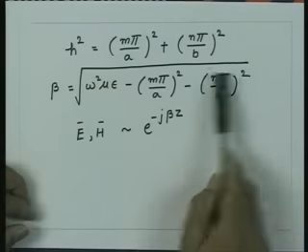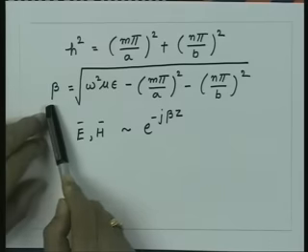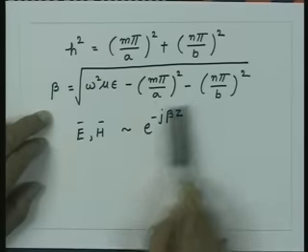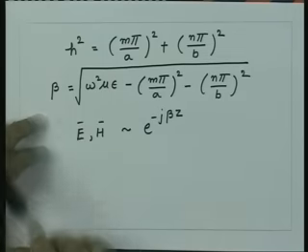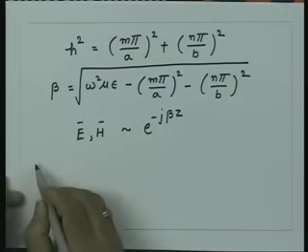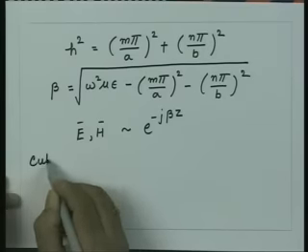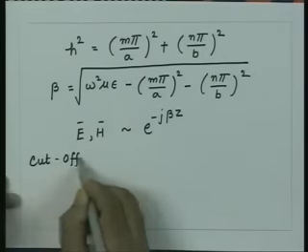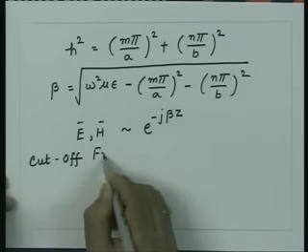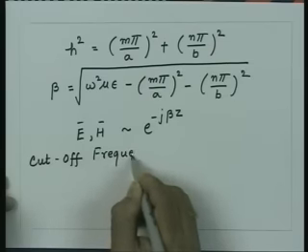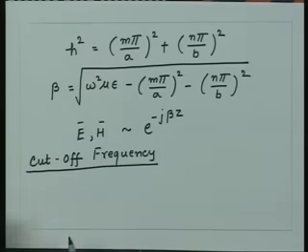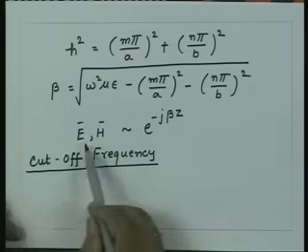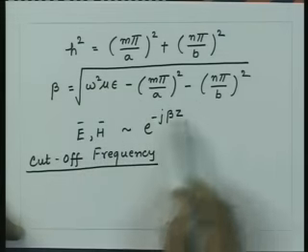When this quantity is positive, you get beta real, so you get a travelling wave. When it is negative, you get beta imaginary, so you get a decaying field. So, we define this condition as the cutoff frequency of a particular mode, and that frequency is the frequency at which this quantity becomes 0.